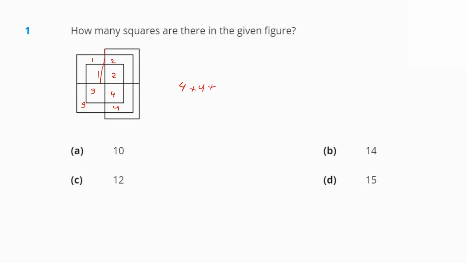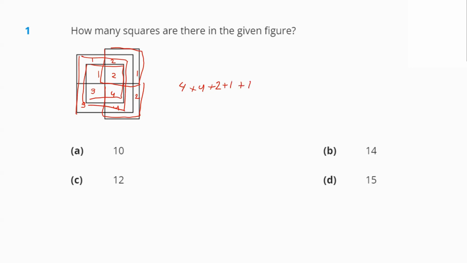We have this square 1, this has 2, so 1 and 2. We get 2 more, and this bigger square, and 1 more, this one. So we have 1 plus 1.